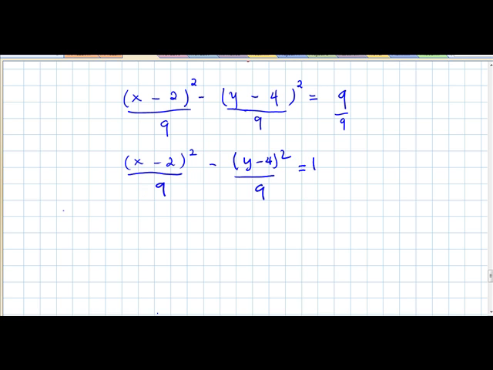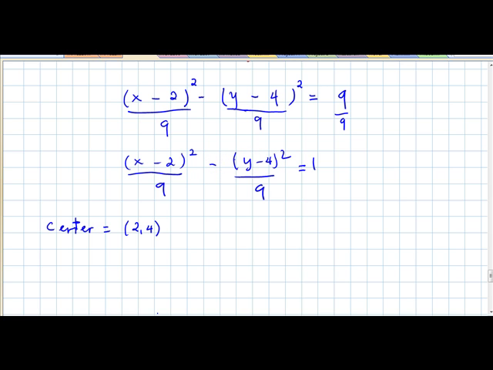So from here I see clearly that our center is h, k, so it would be 2 comma 4. We have the minus preceding the y squared term.